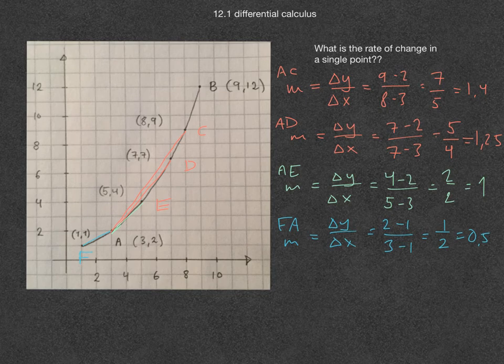So we would imagine that the gradient in the point A should be between these two numbers, between 1 and 0.5.